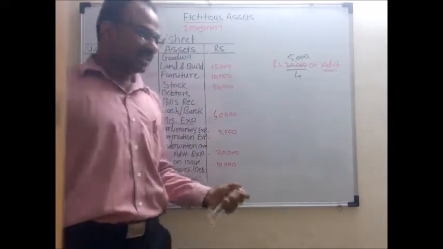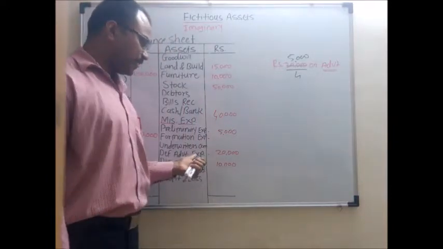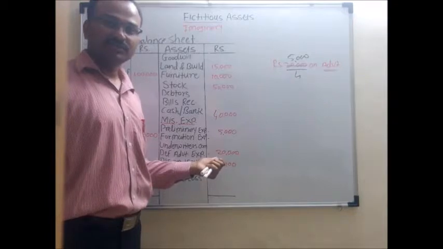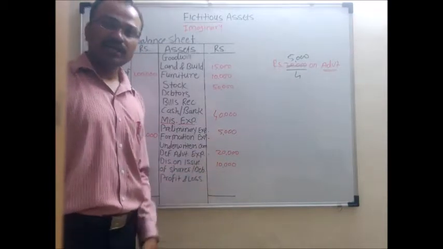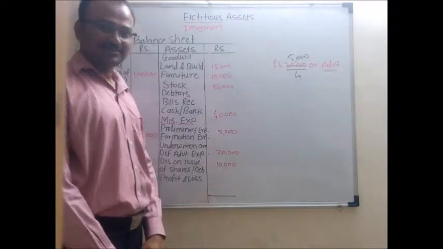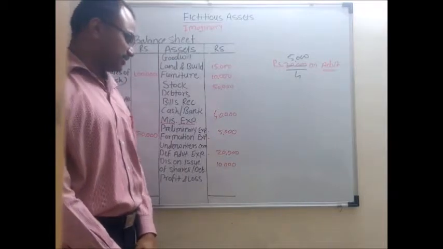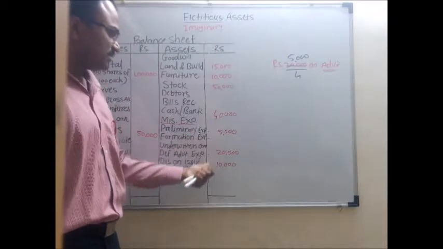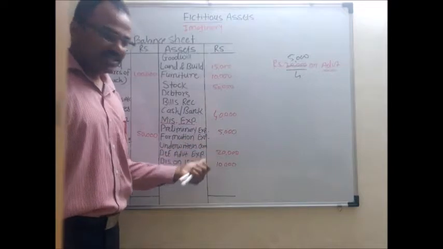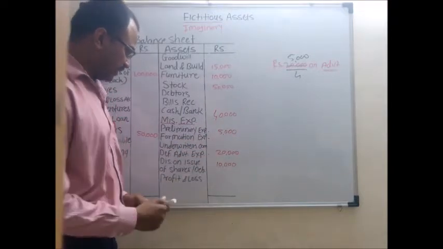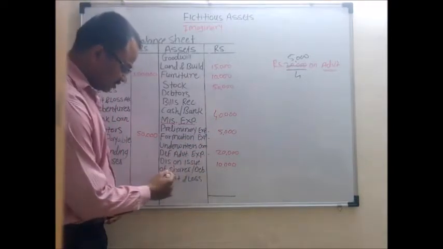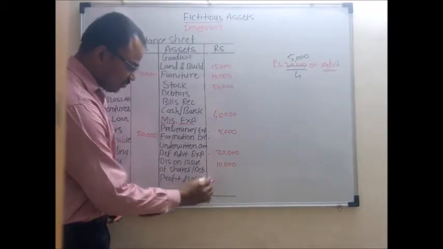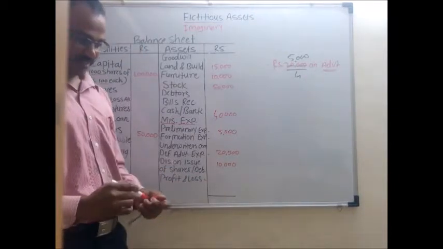Therefore, this expenditure is known as deferred revenue expenditure, and it is shown as a fictitious asset on the asset side of the balance sheet. In this way, certain fictitious assets get created, as we have seen with discount on issue of shares, and now let us see the profit and loss account.